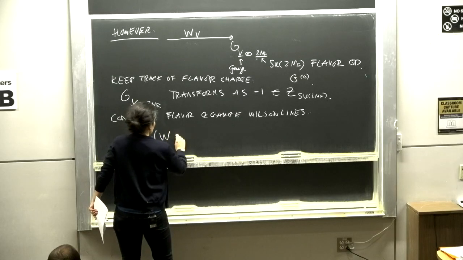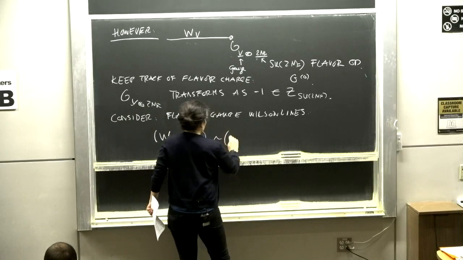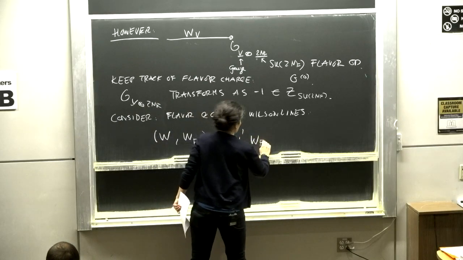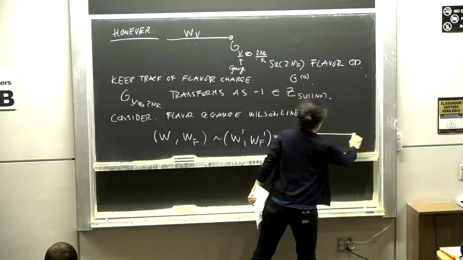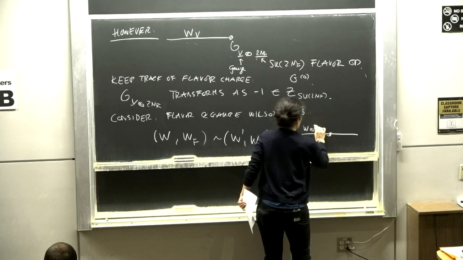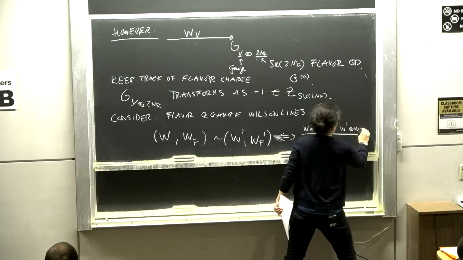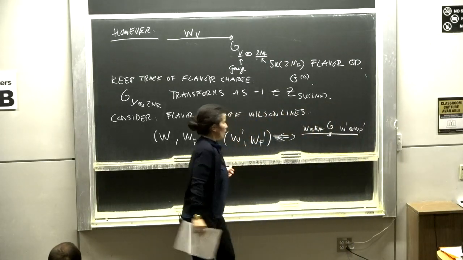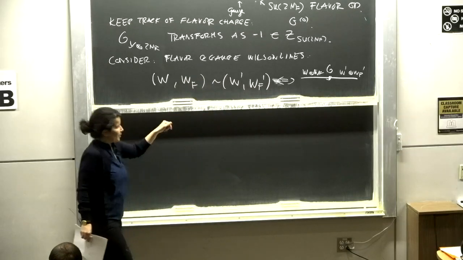So we have W and W flavor. And these are now equivalent if there exists an operator, right? So here we have W tensor W flavor. In this way. So it's a slightly more refined equivalence relation.